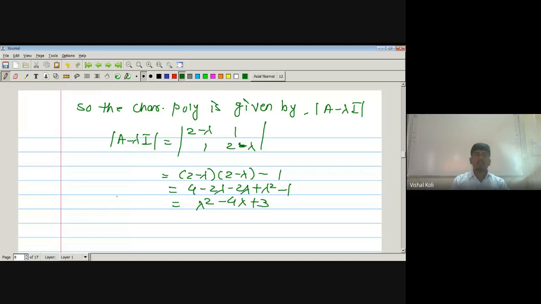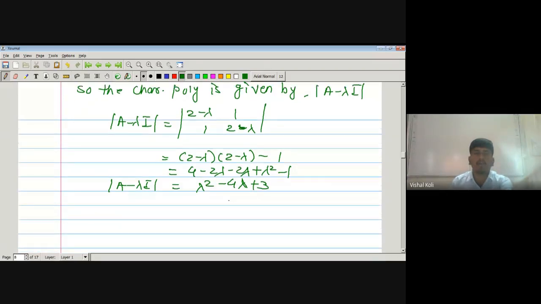So the determinant of A minus lambda I will be lambda square minus 4 lambda plus 3, which is the characteristic polynomial of degree 2 in lambda.